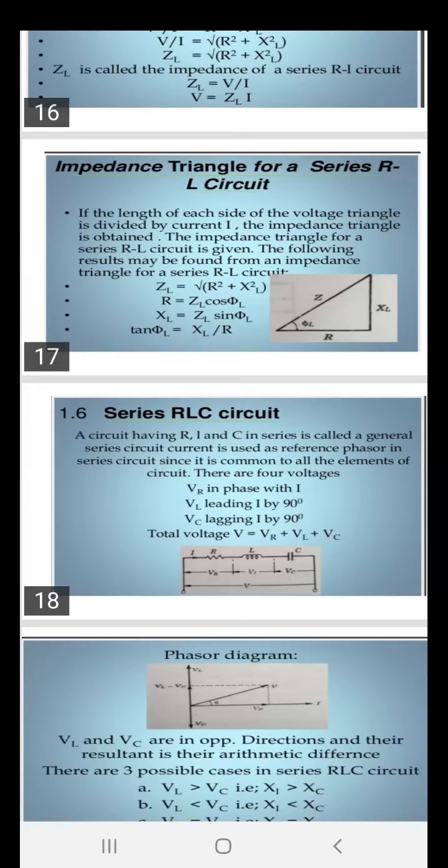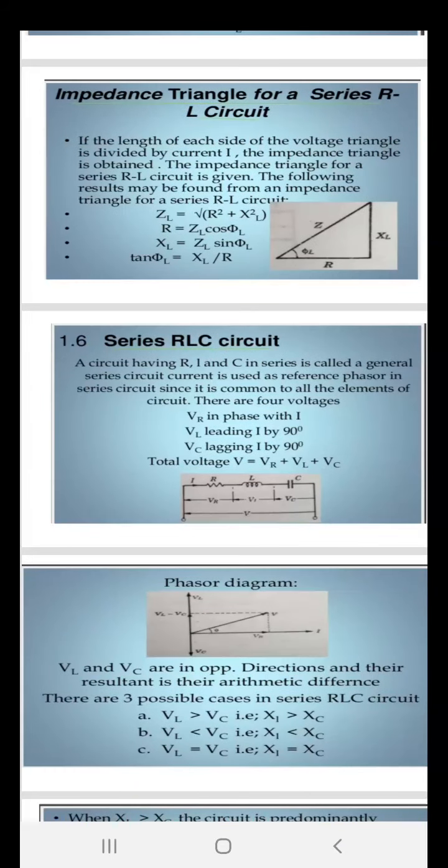Series RLC circuit. A circuit having R, L and C in series is called the general series circuit. Current is used as the reference phasor in a series circuit, since it is common to all elements of the circuit. There are three voltages: V_R in phase with the current, V_L leading the current by 90 degrees, and V_C lagging the current by 90 degrees.